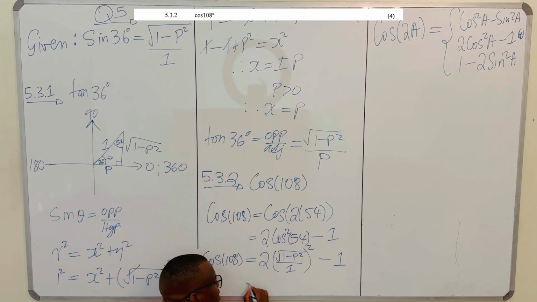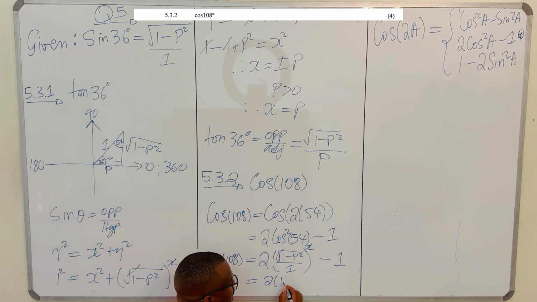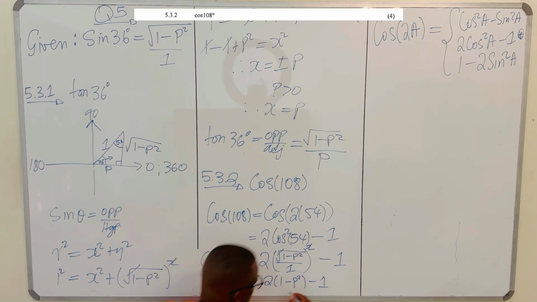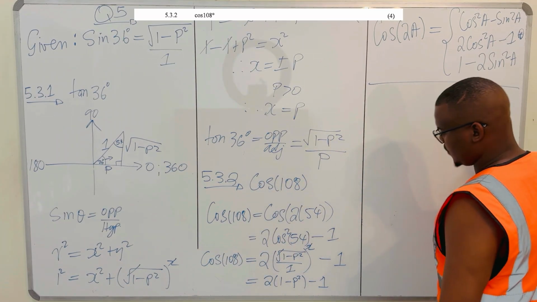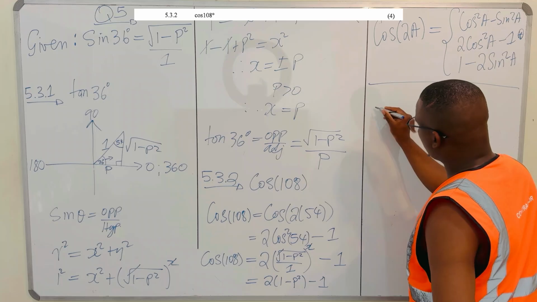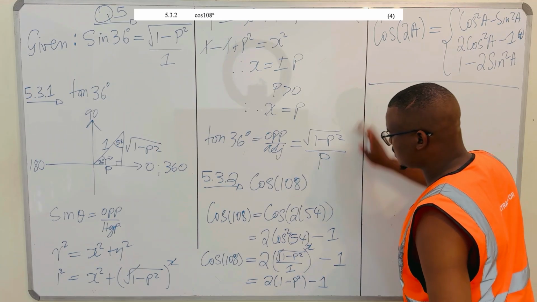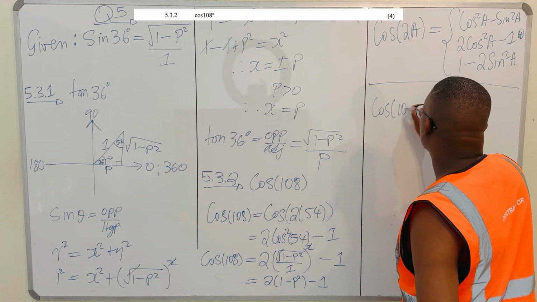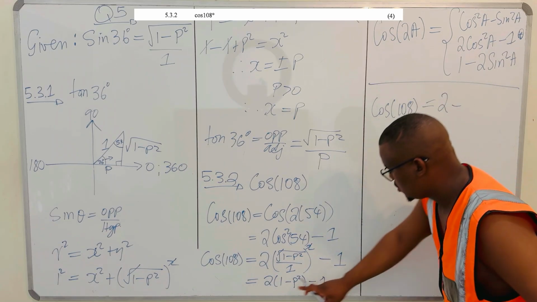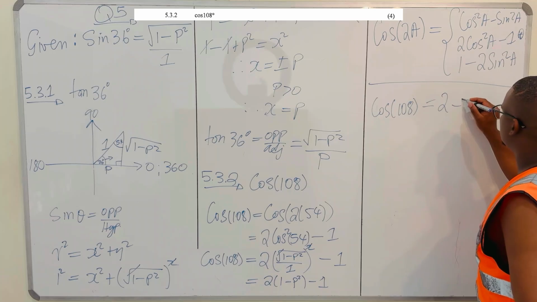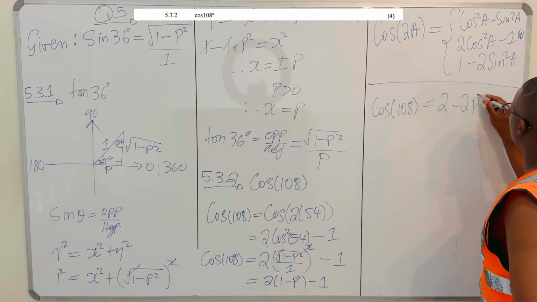So if you simplify this, this and that go away. You're left with 2 into 1 minus p squared, minus 1. So we have cos 108 equal to what? 2 times 1 is 2. 2 times p squared is 2p squared.